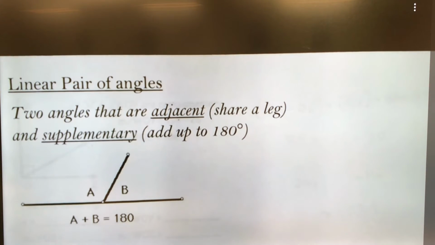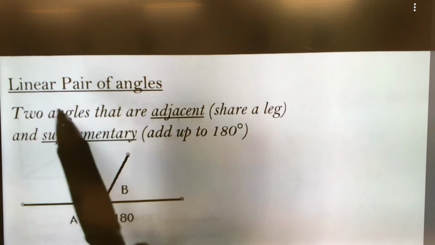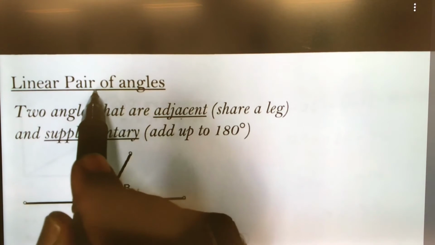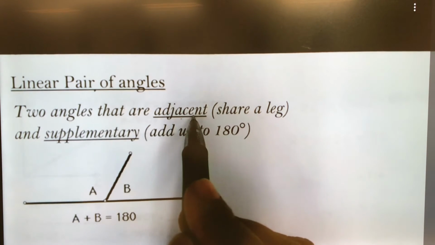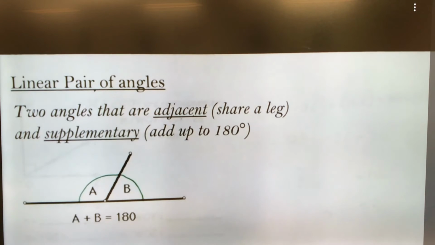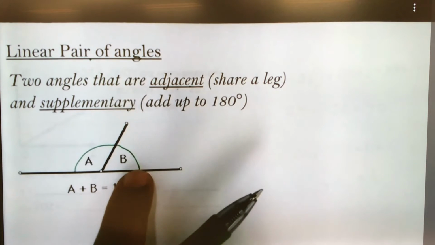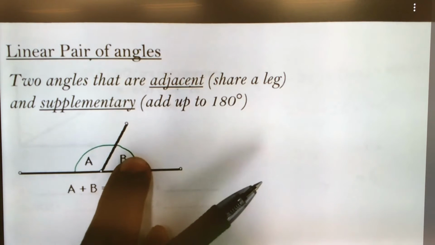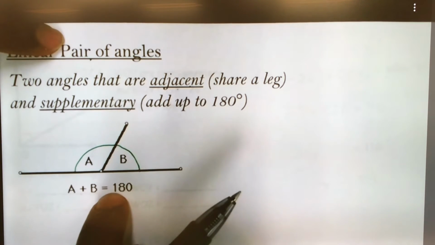Supplementary also adds up to 180 and linear pair also adds up to 180. The only difference is, in the case of a linear pair, they should be adjacent, side by side like that. So basically a linear pair is both adjacent and supplementary.